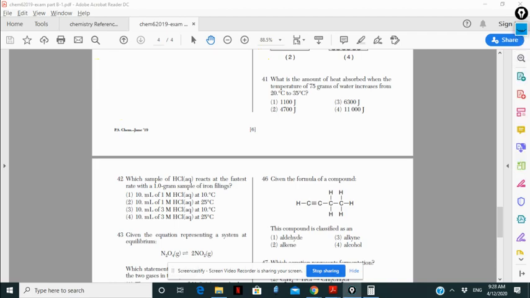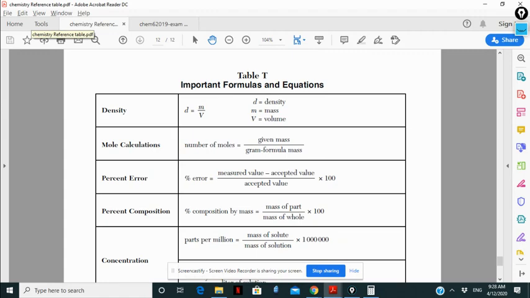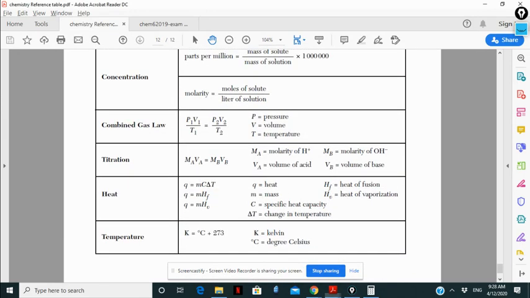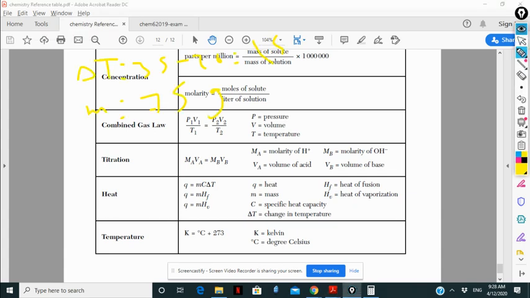Now I'm looking in the reference sheet. Q equals mc delta T. I have m, which is 75. I have delta T, which is 15. So what's missing? C.